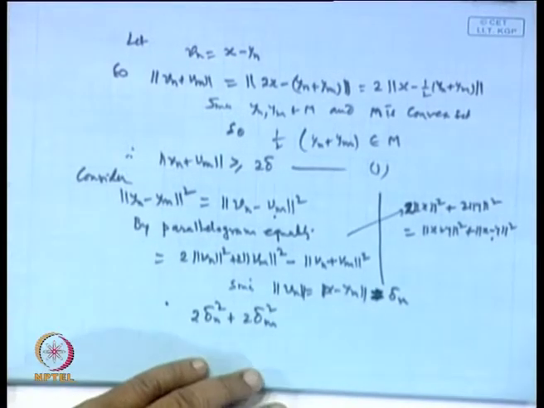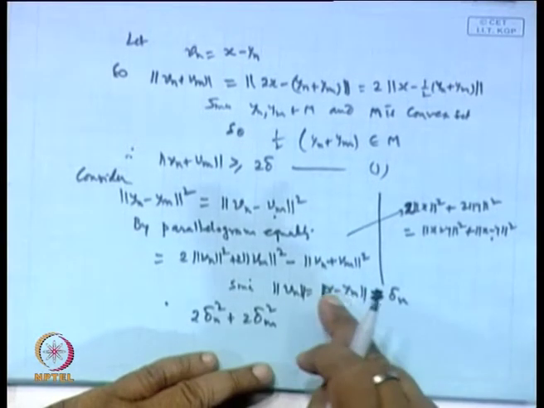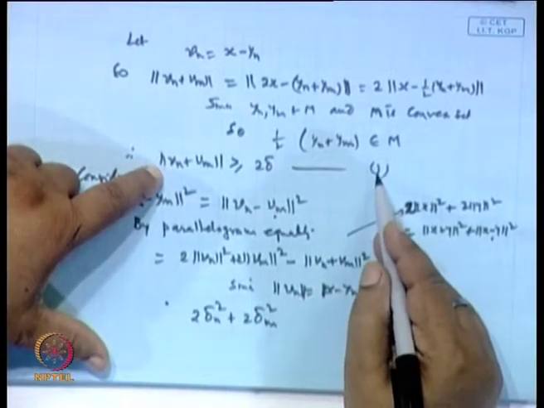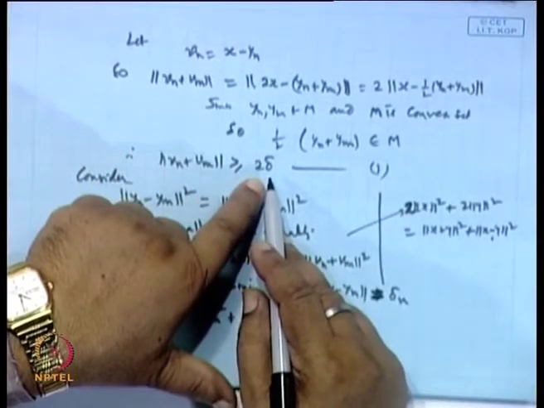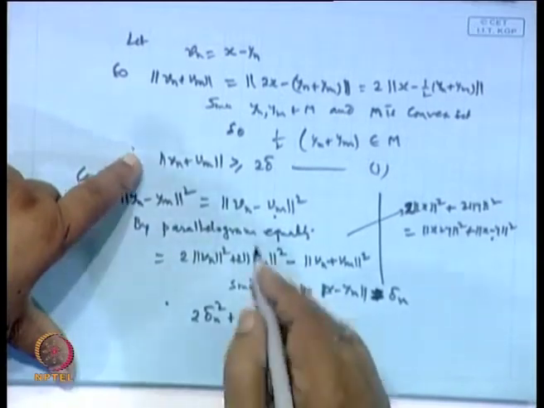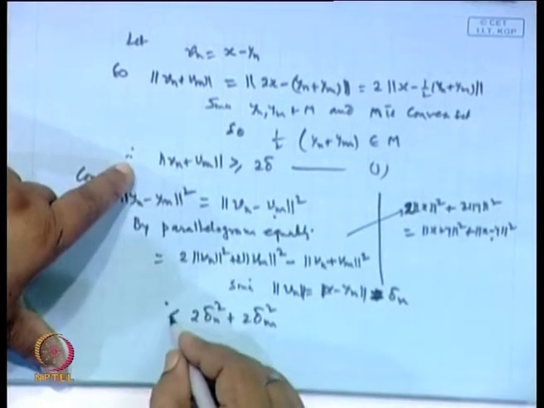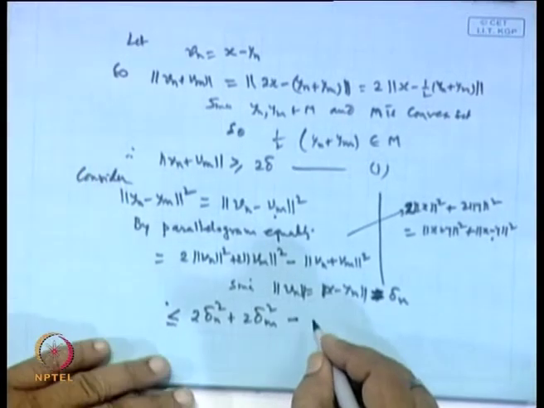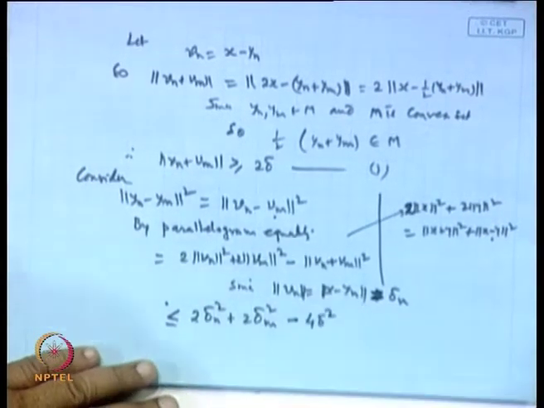And then what is V n plus V m? From 1 it is greater than or equal to 2 delta. So, minus of this is less than or equal to, we add the less than or equal sign, minus 2 delta means minus 4 delta square.